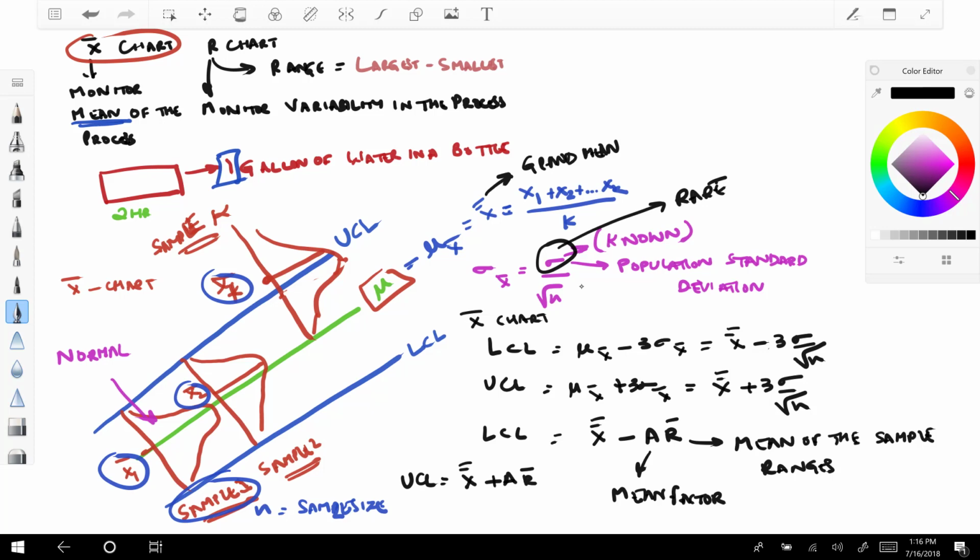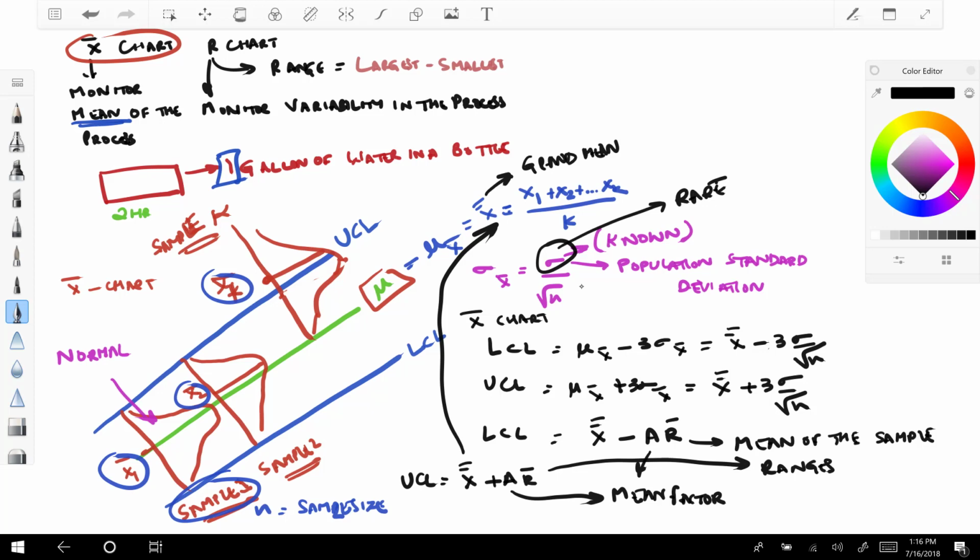Again, A is the mean factor, R bar is the mean of the sample ranges, and x double bar is the grand mean, given by x1 plus x2 plus so on until xk divided by k. So that's the X bar chart.